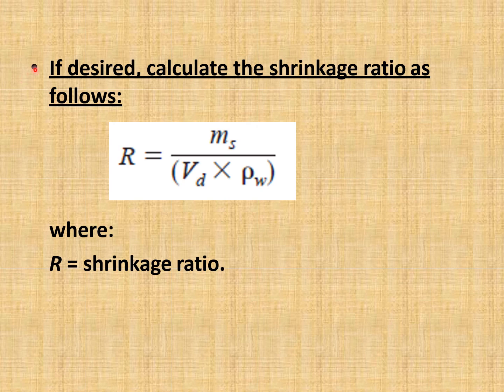If desired, calculate the shrinkage ratio as follows. R is the shrinkage ratio, and it has been related to M sub s, V sub d, and rho w, and we have already defined these variables.